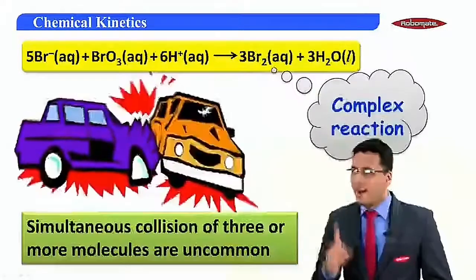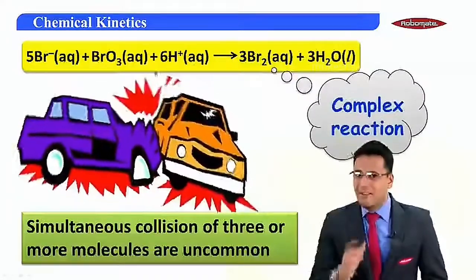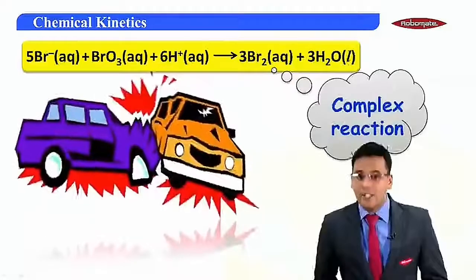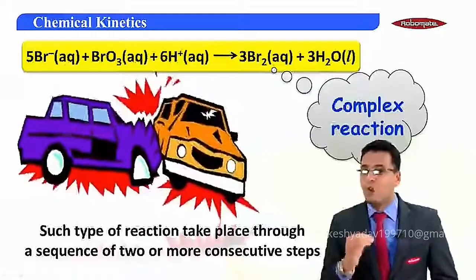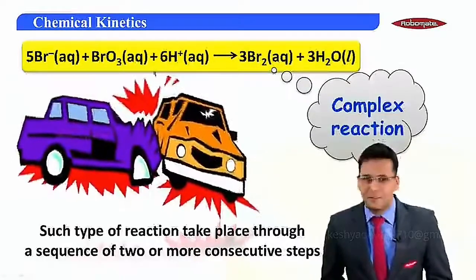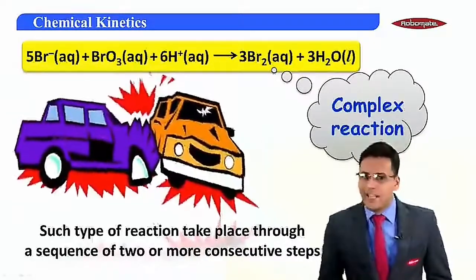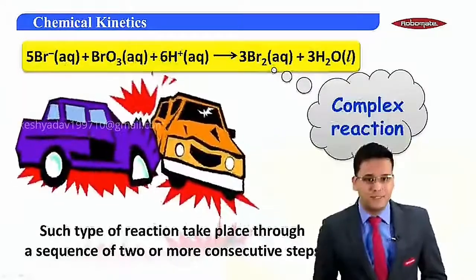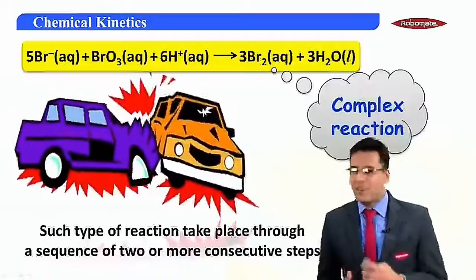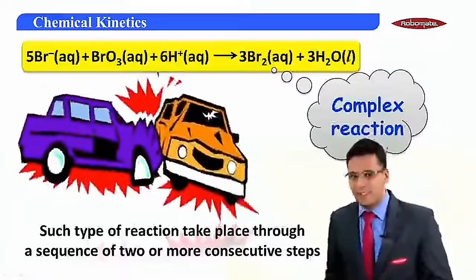Such reactions are complex reactions, which means that such reactions take place in a sequence of 2 or more consecutive steps. We have already studied such reactions under mechanisms. But in case if you haven't, there's no need to worry about it.